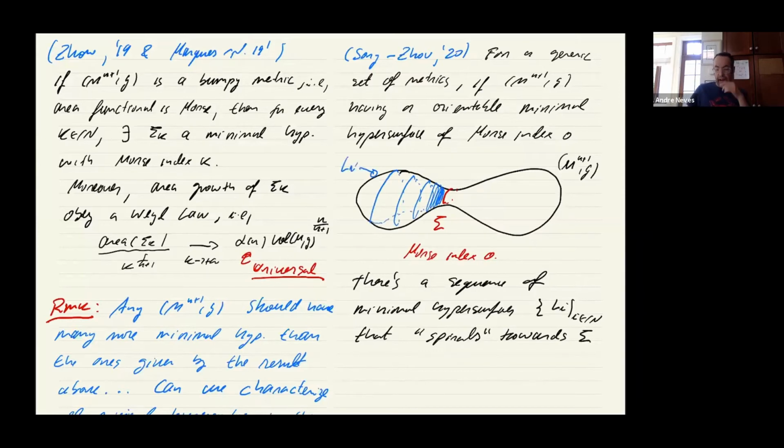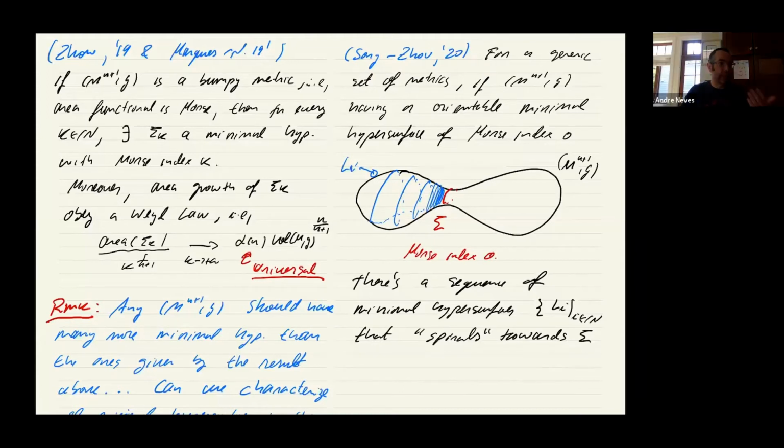In particular, their area goes to infinity and their Morse index goes to infinity, but the ones given by this result of Xin Zhou and myself and Fernando, those we expect should become equidistributed. So in particular, they should not be the ones given by the Song and Zhou result.